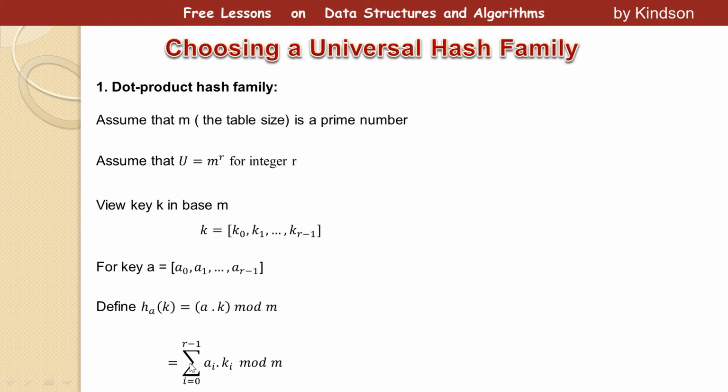So we are summing a i times k i, mod m, summing over i from 0 to r minus 1, over the keys for all the a i and k i. So this is basically the dot product hash family, and we have this formula as the base formula for the dot product hash family.